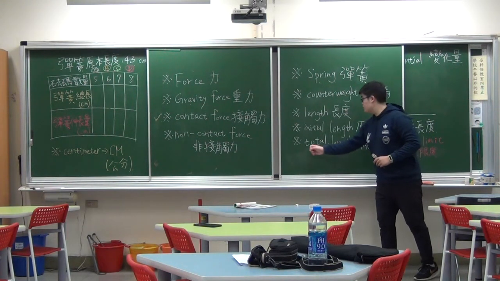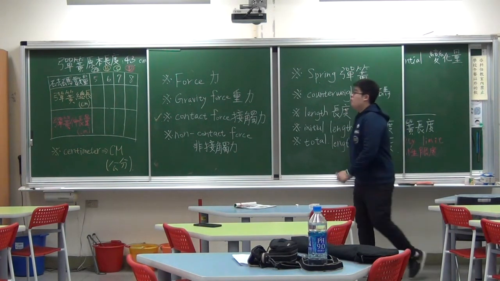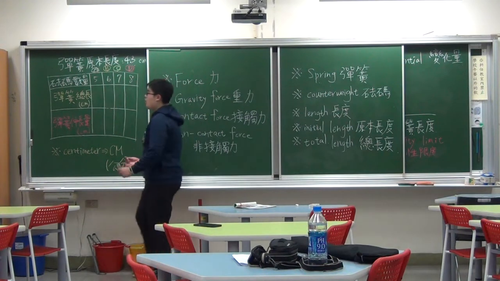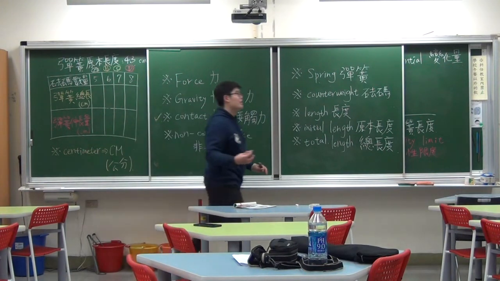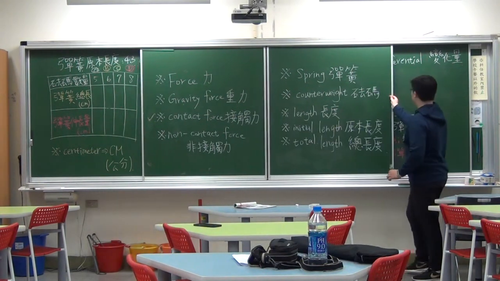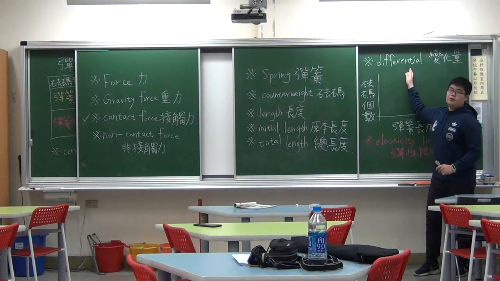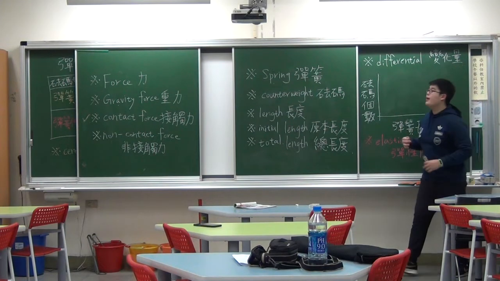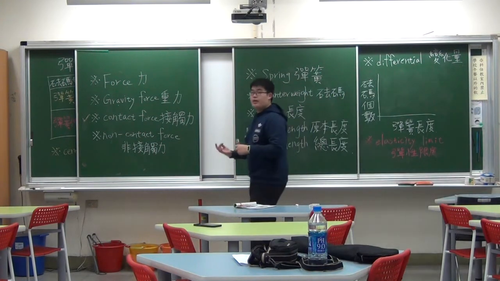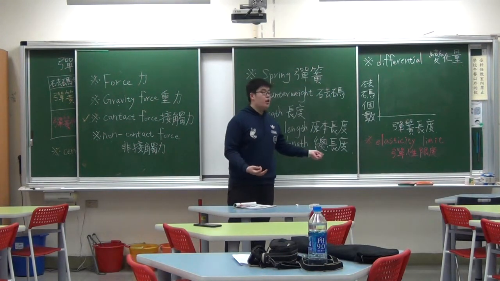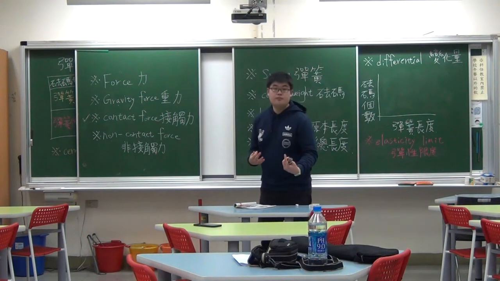Repeat after me. Total length. So by measuring the total length, we can know the differential. Repeat after me. Differential. So by measuring the initial length and the total length, we can know the differential.